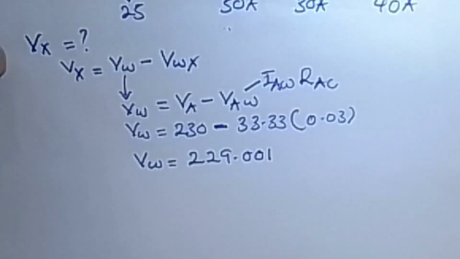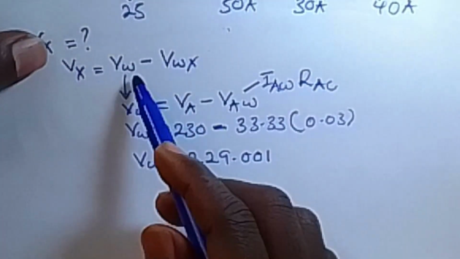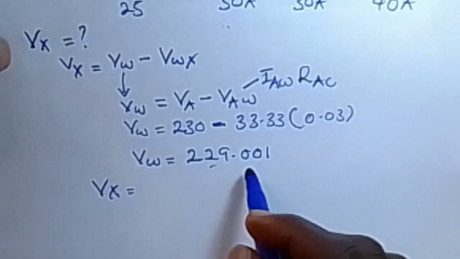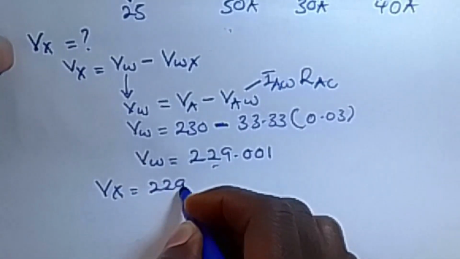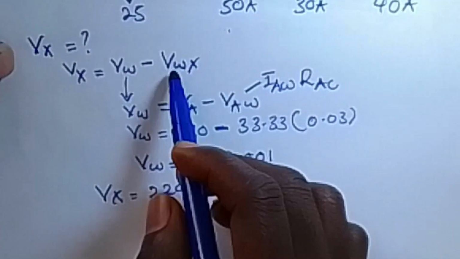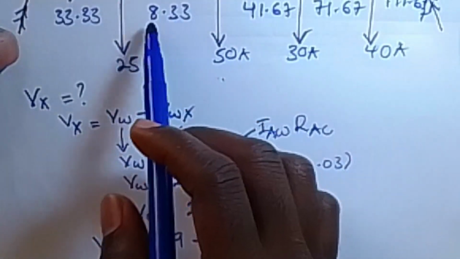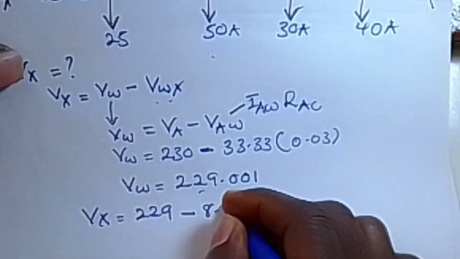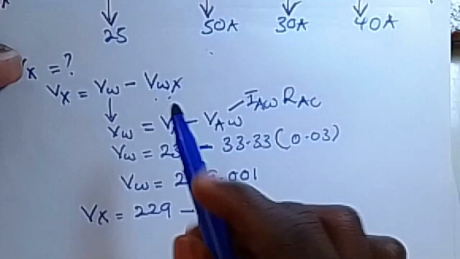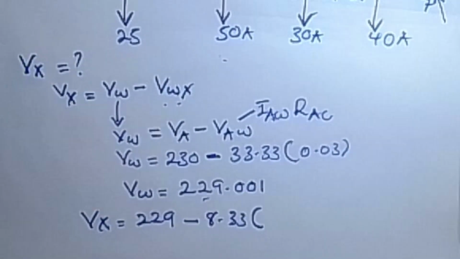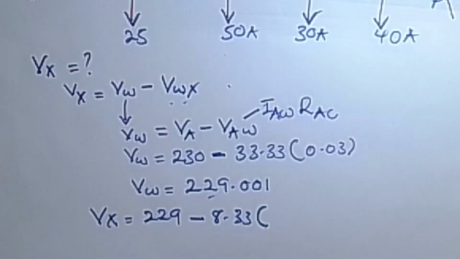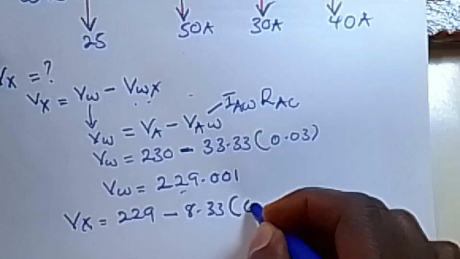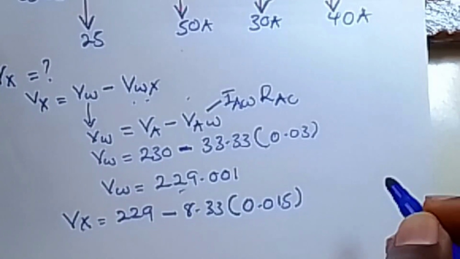Then to find the voltage at point X, it will be VW minus the drop between W and X. So Vx is equal to our VW, 229, minus the current flowing through W and X, which we got as 8.33, times the resistance across section WX, which we had calculated earlier as 0.015.